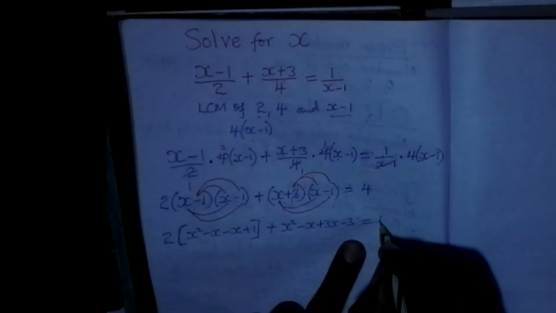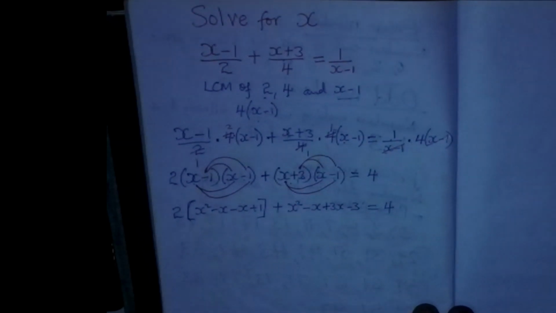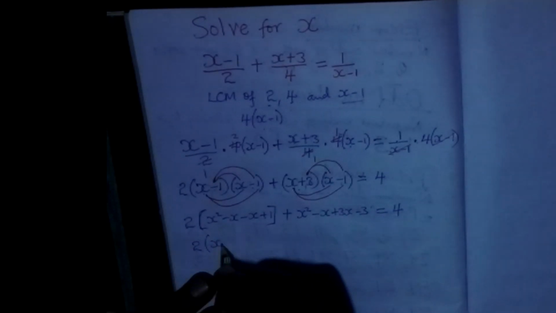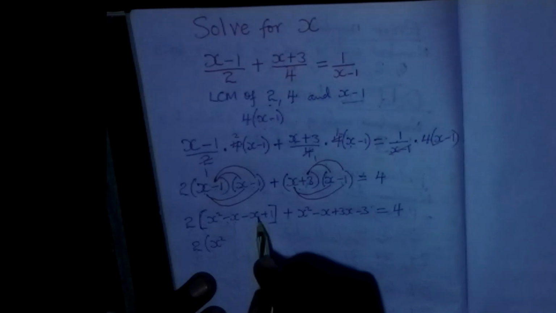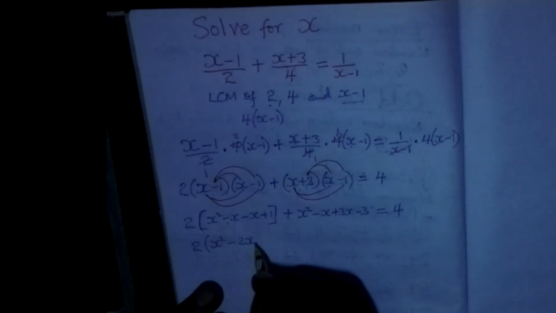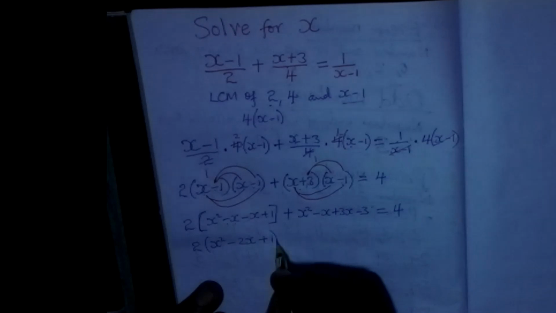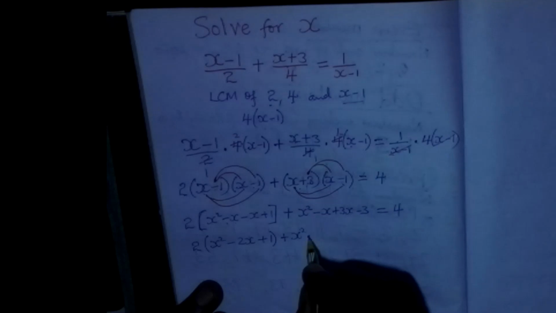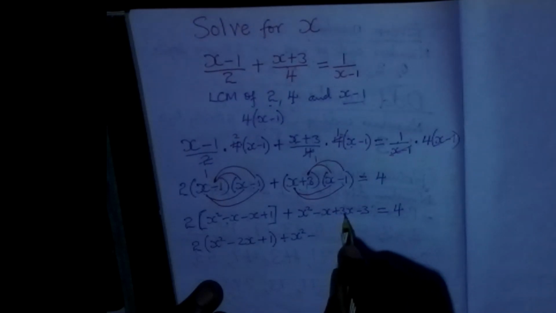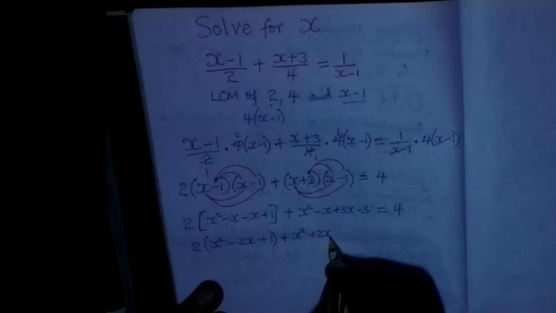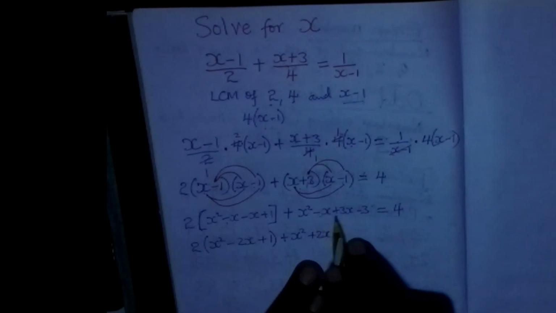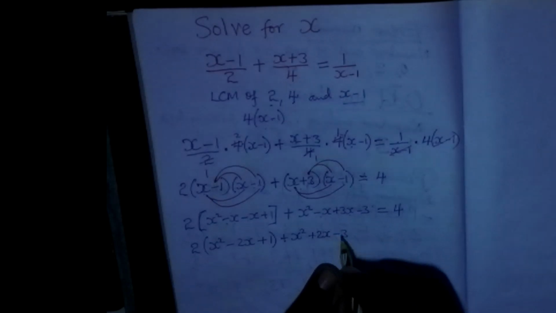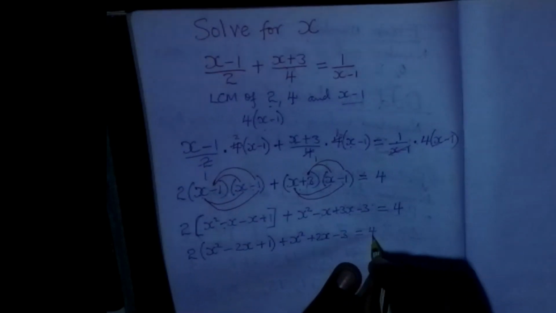So here we have 2, then in bracket we have x squared minus x minus x, that is minus 2x, then plus 1, close the bracket, then we have x squared minus x plus 3x, that is plus 2x, then minus 3, is equal to 4.